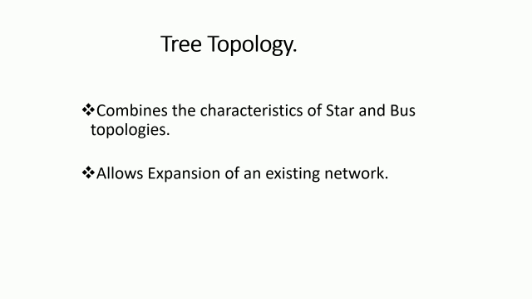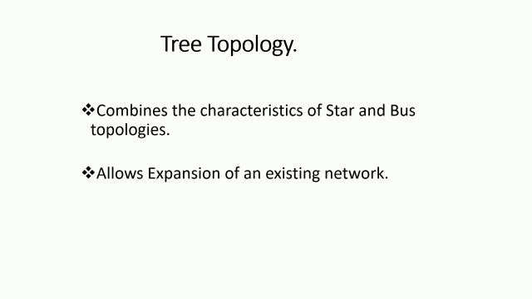Just try to understand that there are a number of star configured workstations that are connected to a main cable called the backbone. So this means tree topology is a combination of star and bus topology.